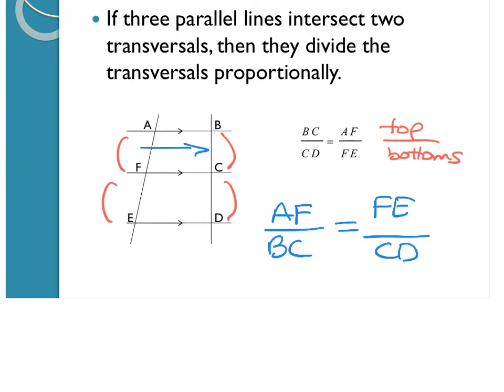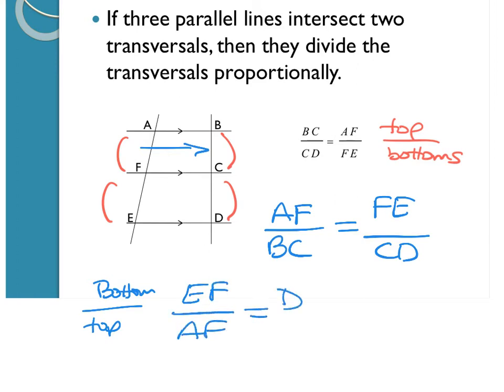So I could also go side to side. Or instead of top to bottom, I could also go bottom to top. So this way I could say EF over AF and DC over BC. It doesn't matter, just stay consistent within your fractions.